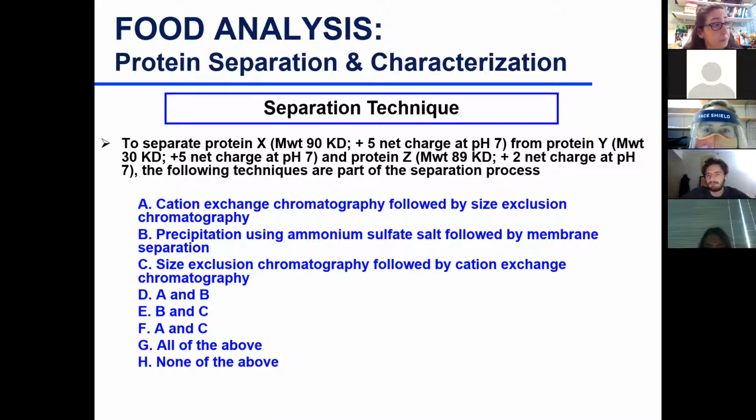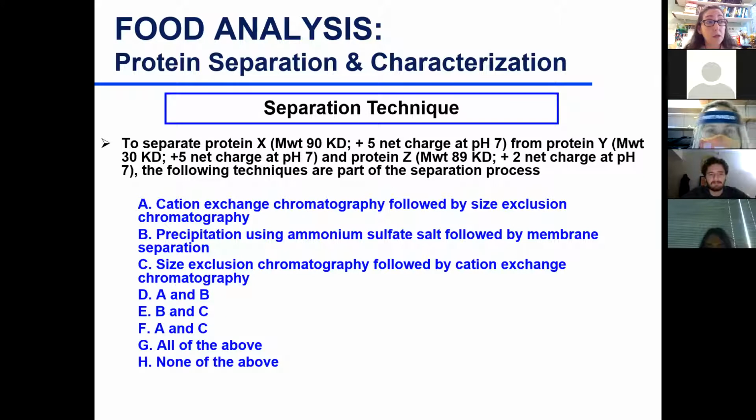In this question, there are 3 proteins in a mixture, and I want to specifically separate protein X that has a molecular weight of 90 kilodalton and a net positive charge of +5 at pH 7.